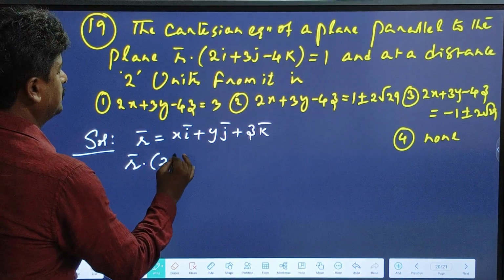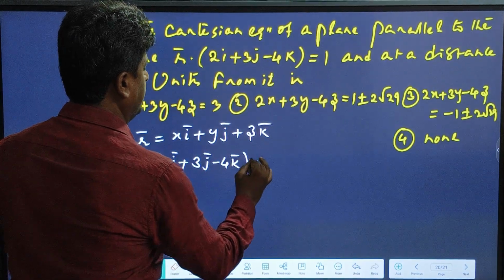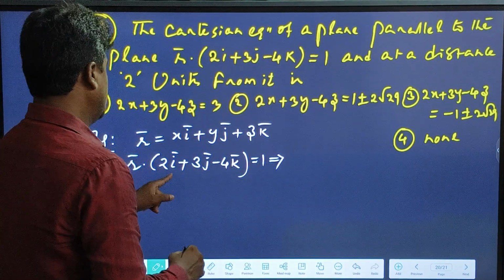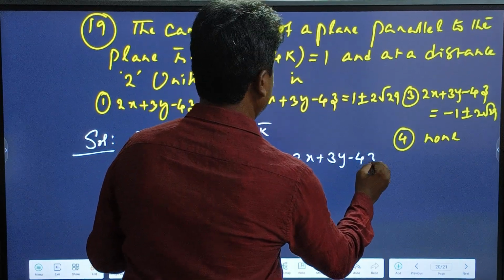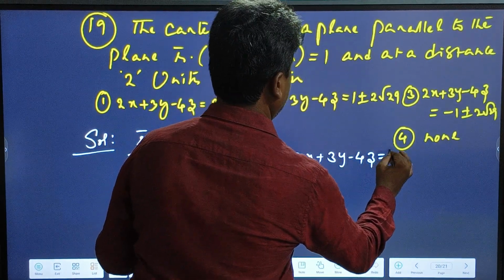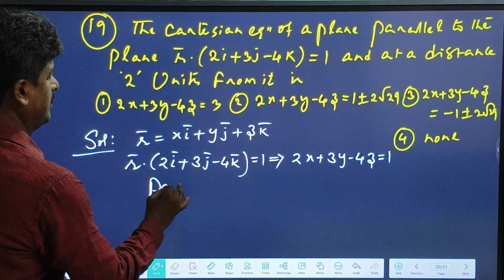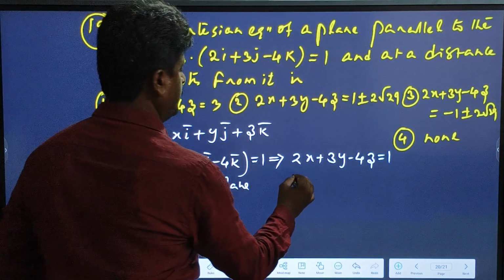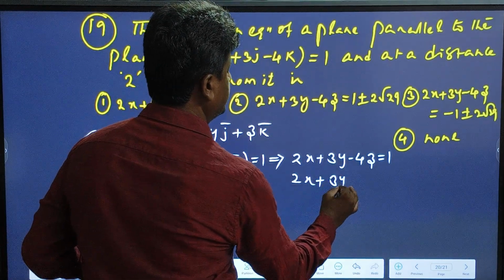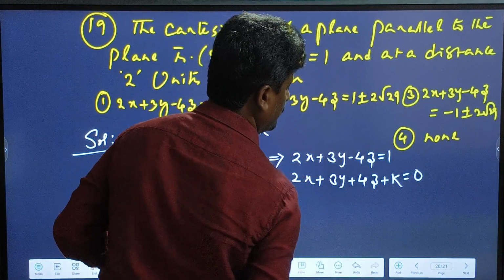Now r bar dot (2i bar plus 3j bar minus 4k bar) is equal to 1, which implies 2x plus 3y minus 4z is equal to 1. Now it's a parallel plane equation, which should be of the form 2x plus 3y plus 4z plus k is equal to 0.